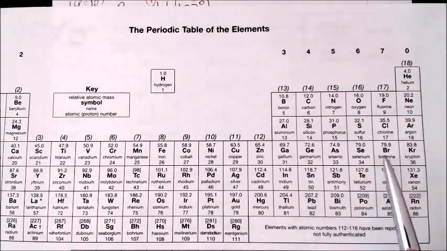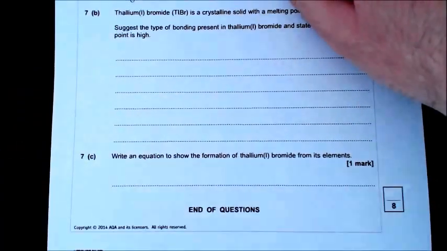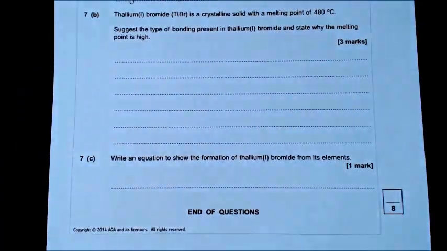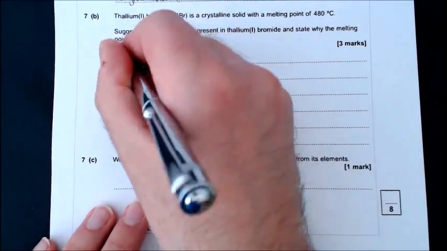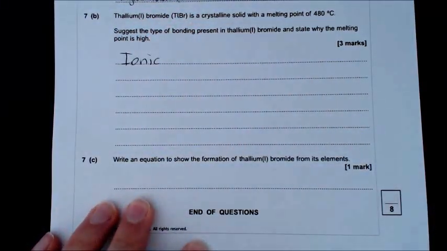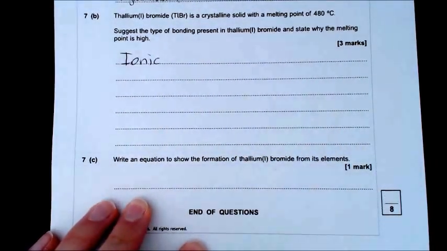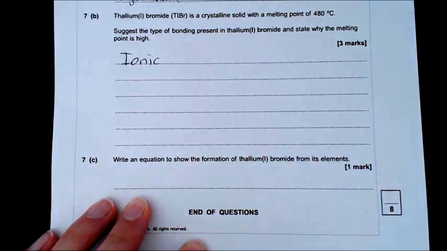So because we've got a metal and a non-metal, this tells us that it is ionic. So let's put that over there. So this is an ionic bond. Okay, and we need to say why it's got a high melting point. Now, in this point, when we're talking about the bonds, they're a lot stronger than intermolecular forces.